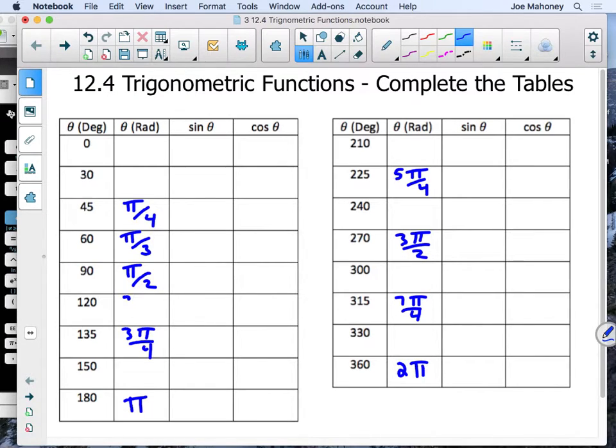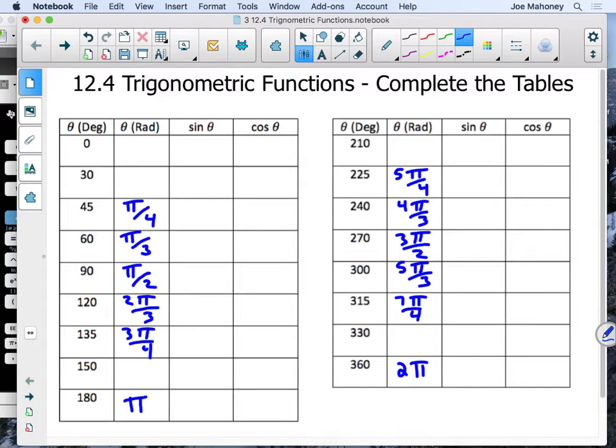So 120 is 2 pi over 3. 180 is 3 pi over 3. 240 is 4 pi over 3. 300 is 5 pi over 3. 360 is 6 pi over 3, or just 2 pi.